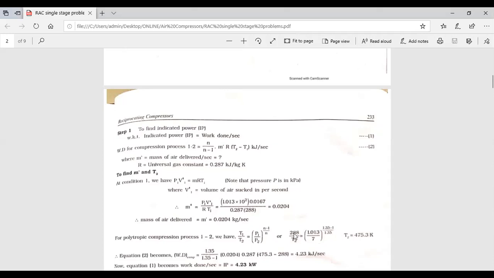T1 is 15 degrees Celsius or 288 Kelvin, T2 is the unknown, P1 is 1 bar divided by P2, 7 bar, to the power of N, given in the problem, 1.35 minus 1 divided by 1.35. After simplifying, we get T2 as 475.3 Kelvin.